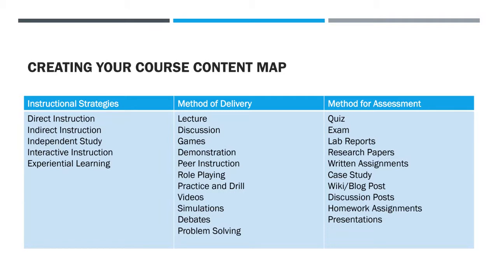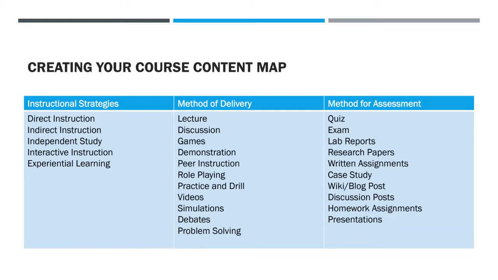In comparison, with independent study, you expect students to take the learning process more on their own. They have the onus of the learning process. You might give them a topic to investigate or a case study to reflect on, and they are the directors of their learning in that case.